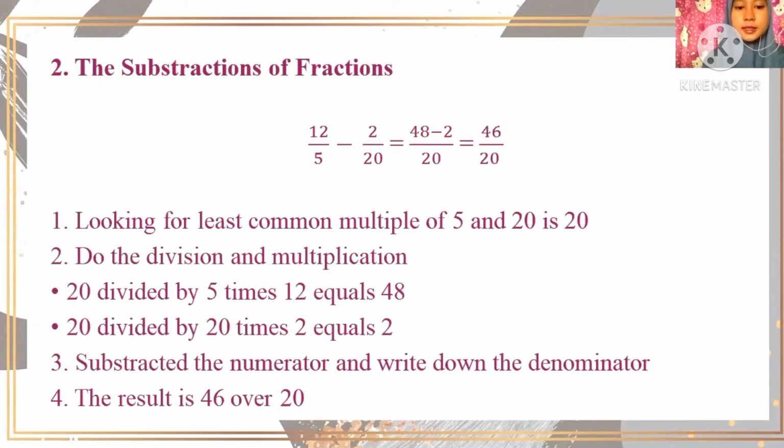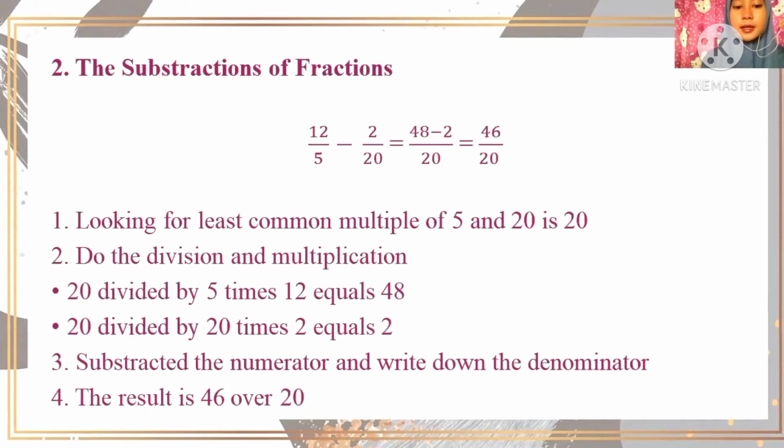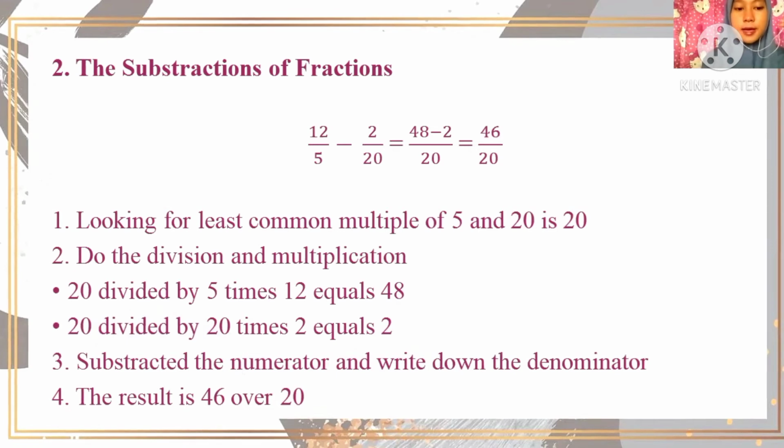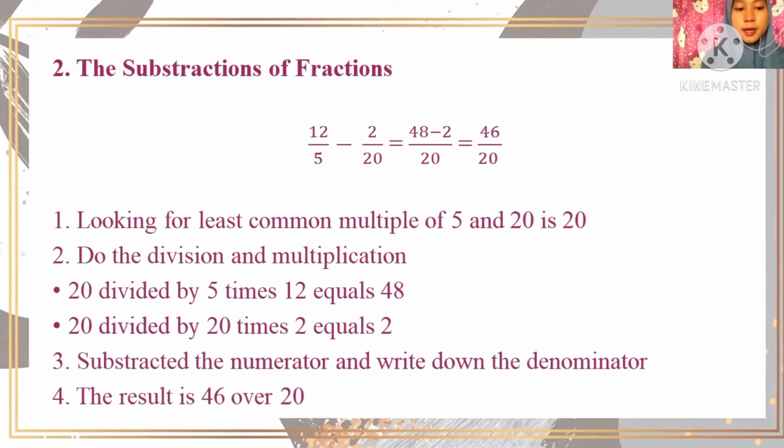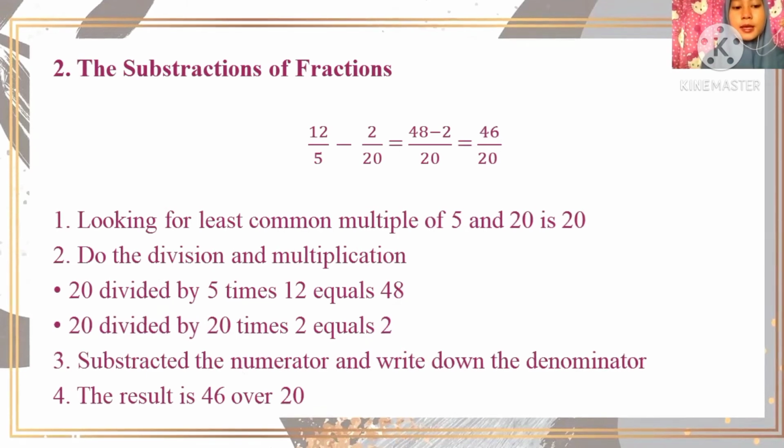Do the division and multiplication. 20 divided by 5 times 12 equals 48. 20 divided by 20 times 2 equals 2. The next step is subtract the numerators and write down the denominator. The result is 46 over 20.